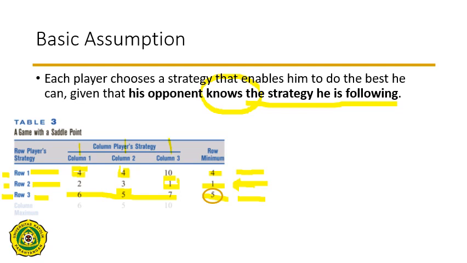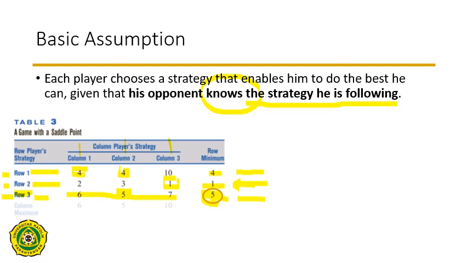The best that the row player can do is picking the third strategy. Why? Because if the row player picks the third strategy, whatever the column player tries to do, the most the column player can do is to minimize the reward for the row player down to 5.